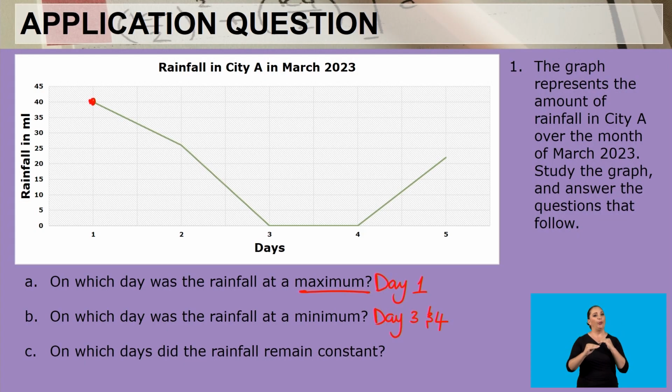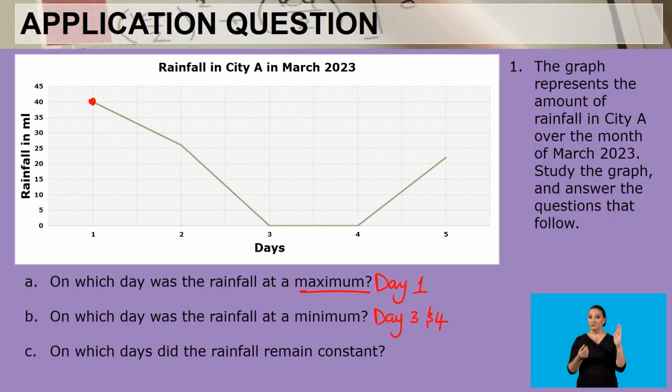Now, remember what it means to be constant? It means that as we are increasing in the horizontal values, our vertical value remains the same. So in this case, this would mean that when we are moving from one day to another day, when we look at the vertical values, they have not changed. So do we have specific days where the rainfall was constant?